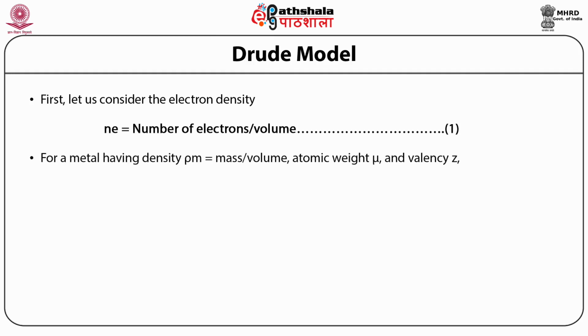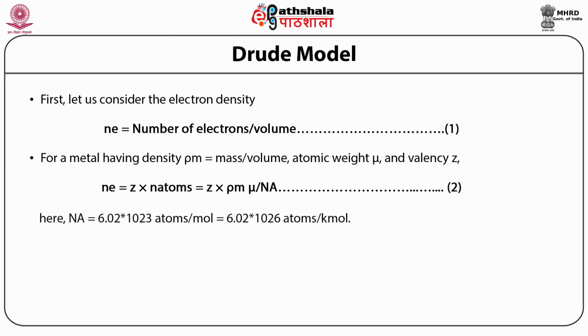For a metal having density ρm equal to mass by volume, atomic weight mu, and valency Z, Ne is equal to Z times n atoms. This is equal to Z times ρm times Na divided by mu. This is represented as equation 2.